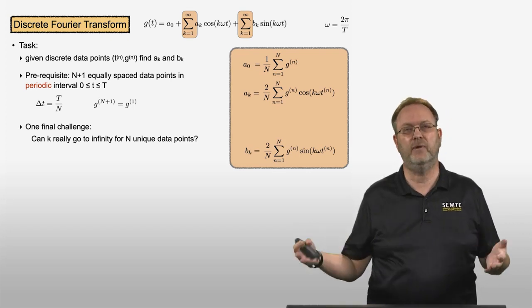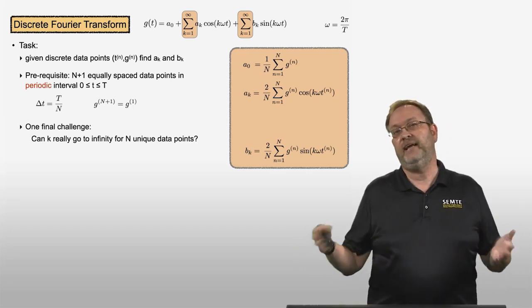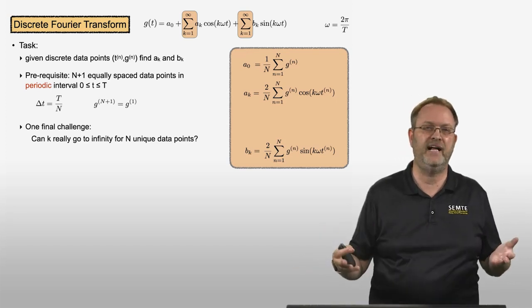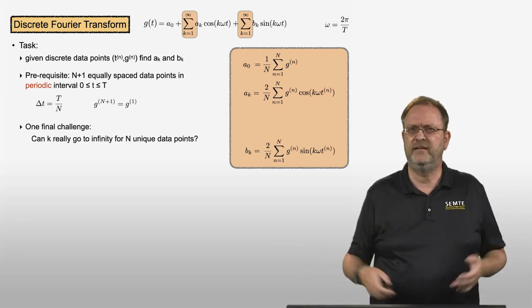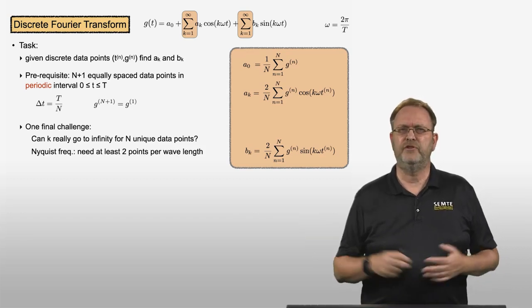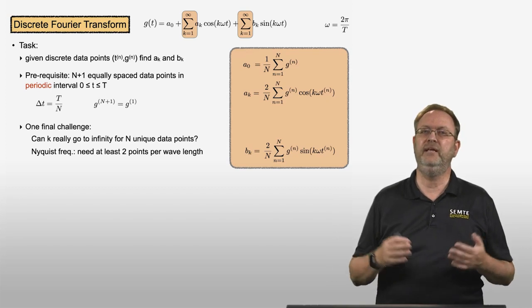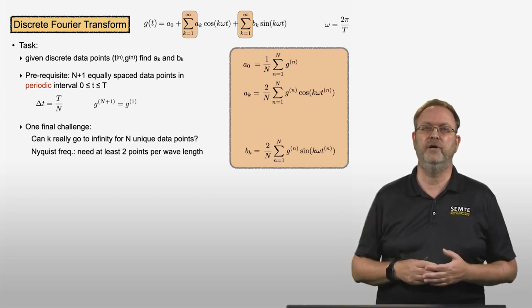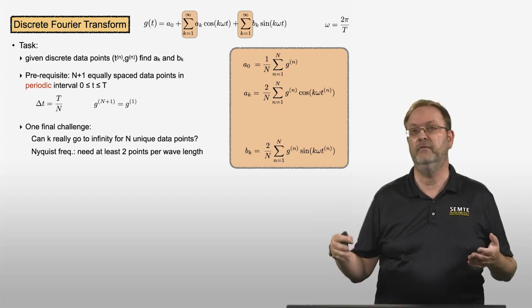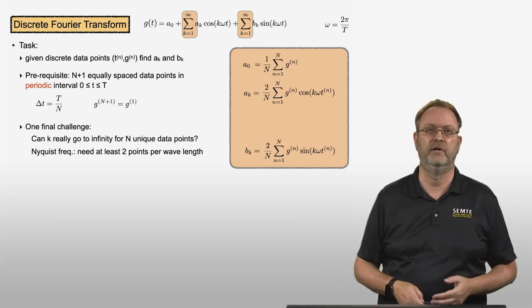Remember, there's N plus 1 data points in total, but the data has to be periodic, so the N plus first value is equal to the first value, so there's N unique data points only. Well, there's something called the Nyquist frequency, which means that we need at least 2 data points per wavelength to identify a sine or cosine wave.